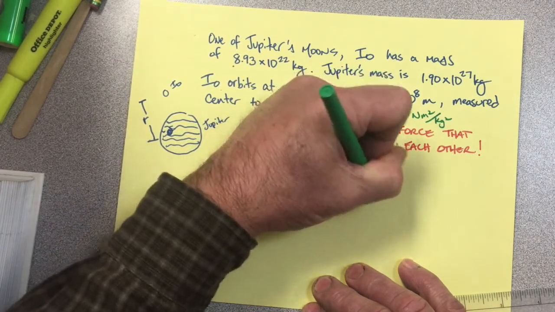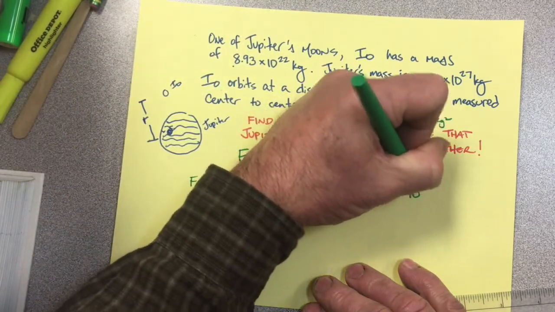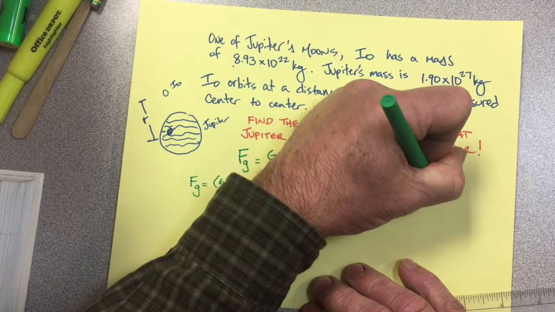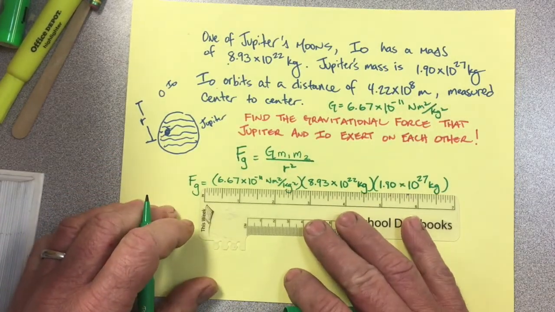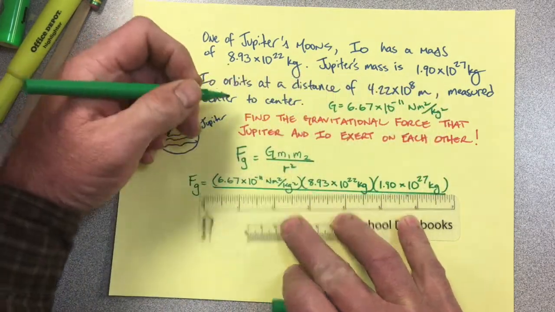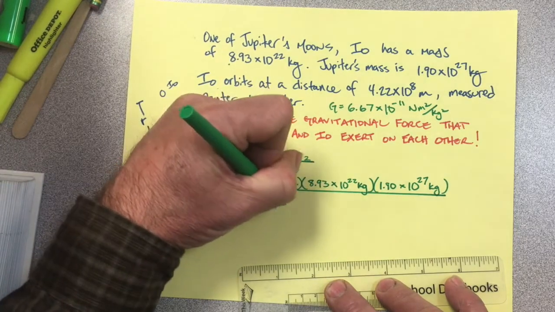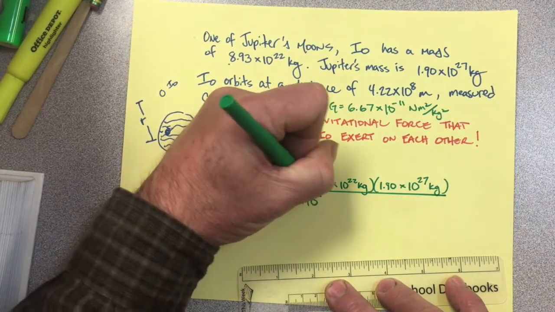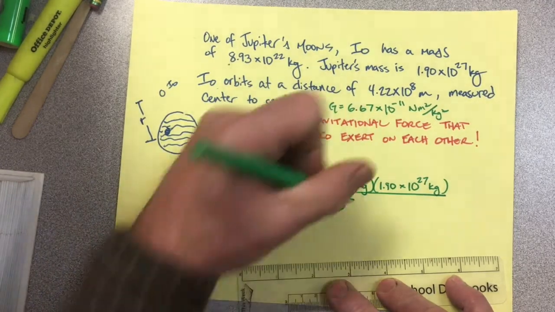And then Jupiter's mass comes next, 1.90 times 10 to the 27. All of that is divided by the distance between those two objects squared. So we have 4.22 times 10 to the 8th meters, and that quantity is squared.